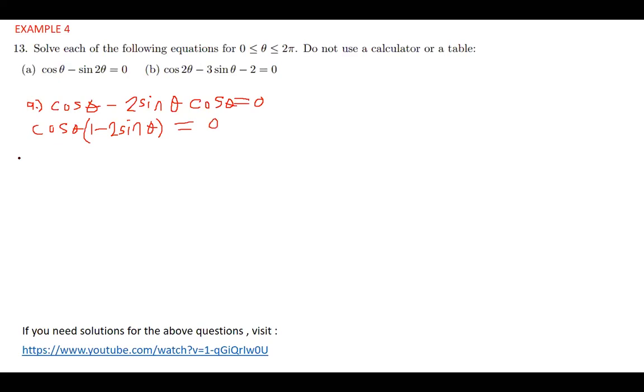So here, cos theta is equal to 0 or 1 minus 2 sine theta is equal to 0.